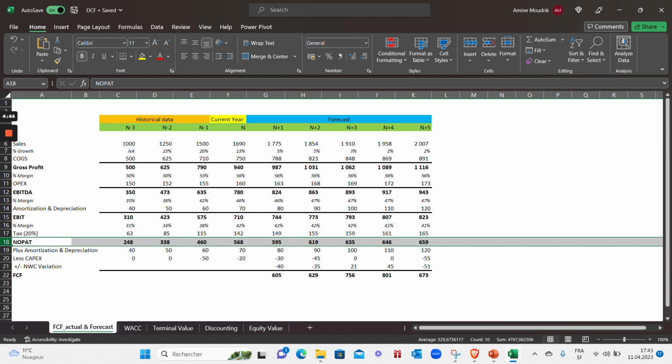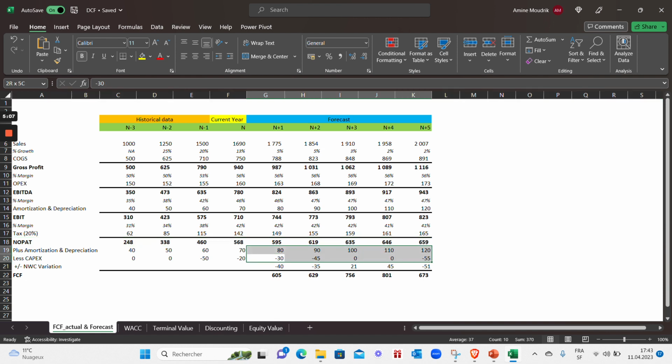Bear in mind that since amortization and depreciation are not really cash disbursements, we need to add them back to our net operating profit after tax in order to determine our real cash movement. We then deduct any capital expenses for investment, and we add or deduct any net working capital variation.